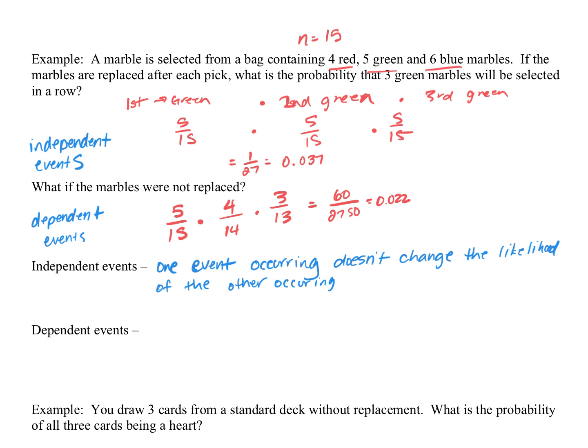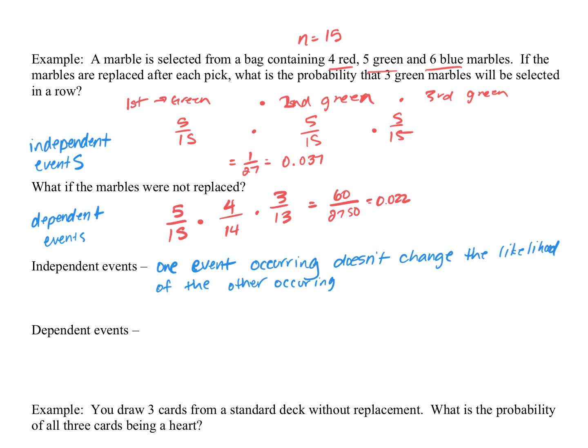So, whatever happened on that first draw, because I put that back, that next draw, the probability stays the same. Okay? Whereas on this one, let's say I hadn't drawn a green on the first one, all of a sudden this probability is either going to be 4 out of 14 or 5 out of 14 depending on what happens here. Does this make sense? Are we good? Okay, so we needed to know what happened here in order to make sense of this.